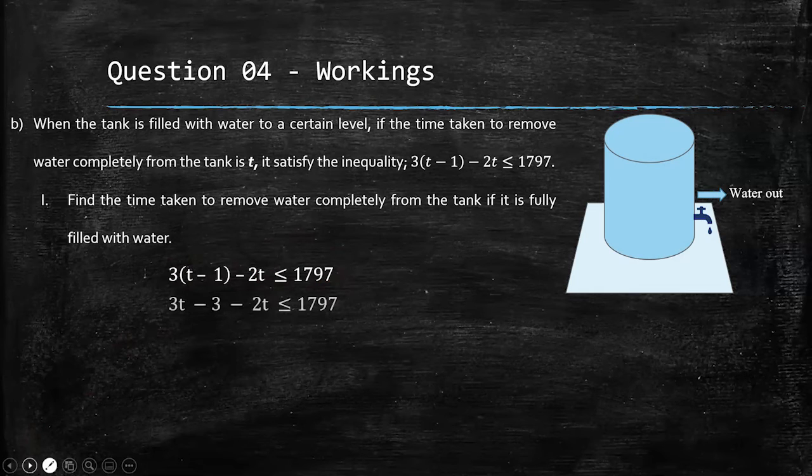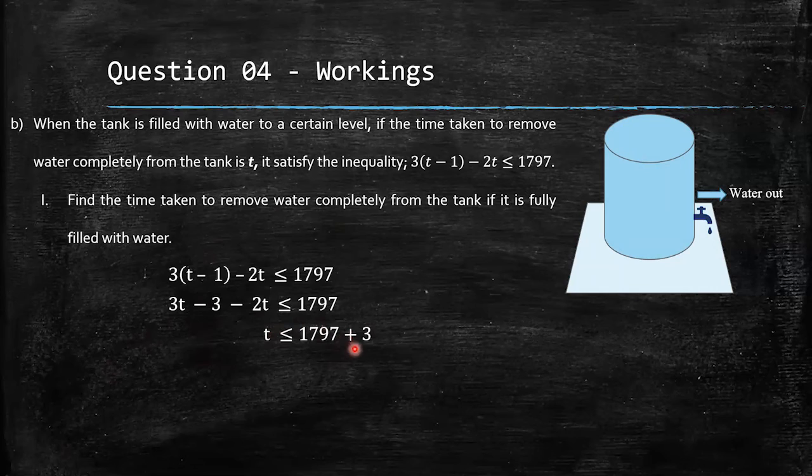If you simplify it, if you subject t in this inequality, you can see 3 times t minus 3 times 1, that is minus 3, minus 2t will be less than or equal to 1797. So 3t minus 2t will be t, and you can put this minus 3 to the other side in order to subject t.